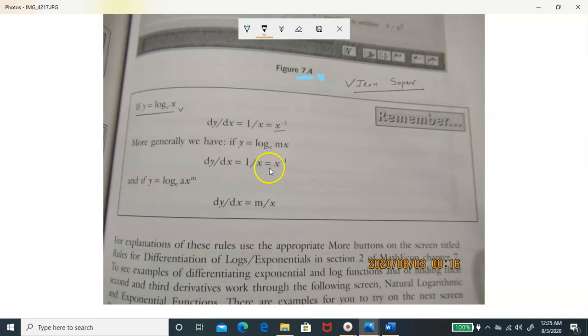So having m multiplied to that x will not have an effect. But what about if we have a multiplied in front of x, and then x raised to the power m, then what is going to happen? In that case, if we take log, it will be m multiplied by m divided by x, right? Okay.